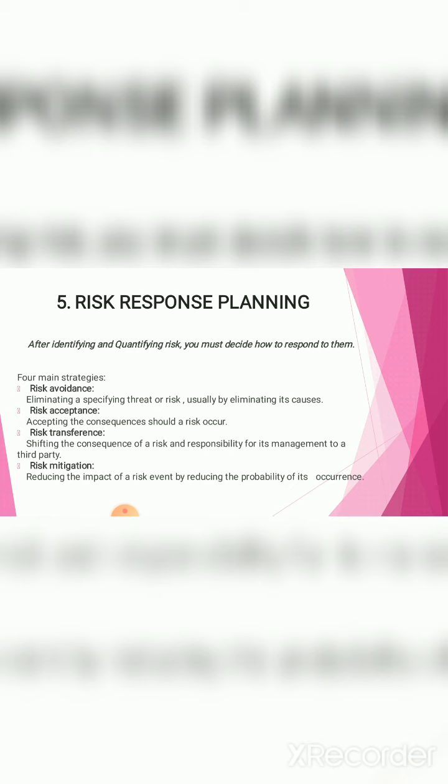Number second, risk acceptance. Accepting the consequences should a risk occur. This is risk transference. Shifting the consequences of a risk and responsibility for its management to a third party.